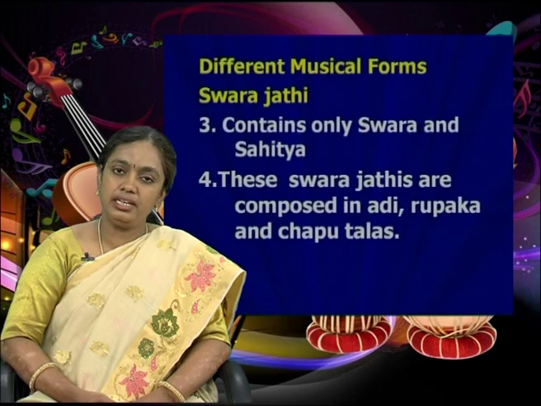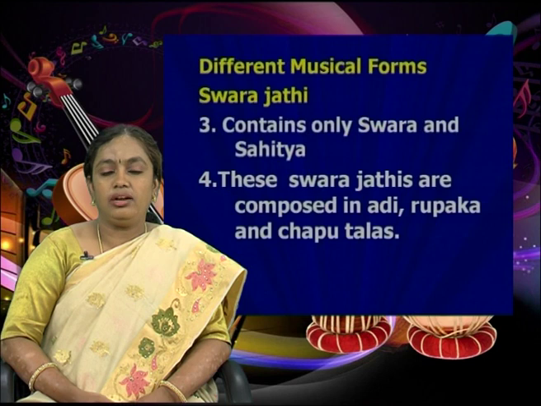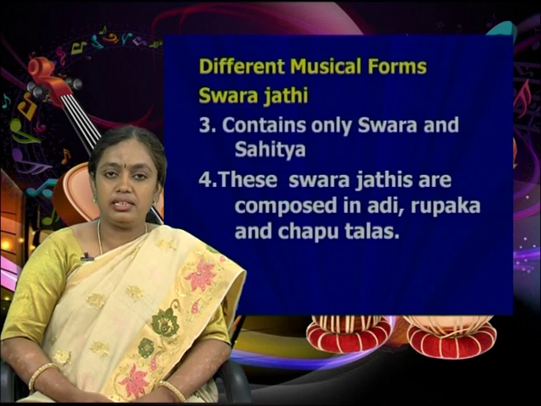These Swarajatis contain only Swara and Sahitya. There are no Jatis in between the Swara and Sahitya, but they contain the Sahitya and also Swara. These Swarajatis are composed in regularly used Aditala, Rupakatala and Chaputalas.